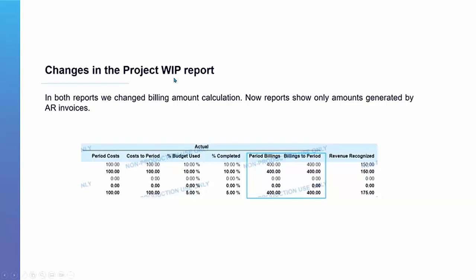Another change to the WIP report is that now AR invoices, period billings, are going to be considered as well right within the WIP report. So you're going to have this period billing based upon the selection criteria versus all billings to the period.